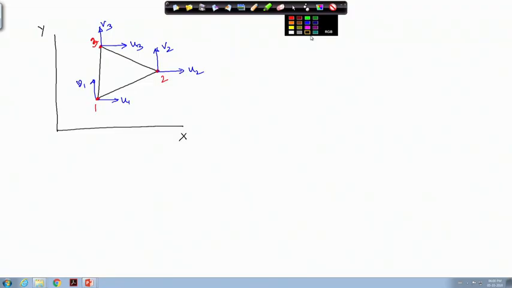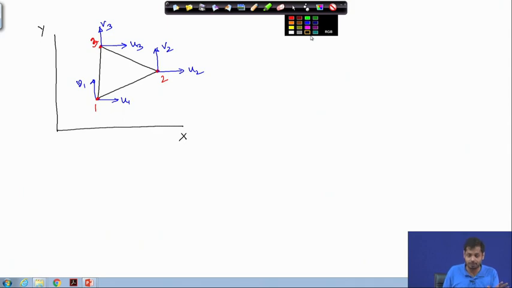Okay. Now, what are the information we have? Here you see u and v are two independent displacement fields. So, here we have to approximate u separately and we have to approximate v separately. Unlike in the beam case, where we approximated only the v and the derivative of v, dv dx gave us slope. It is not like that. Here u and v are both different independent degrees of freedom, and they have to be represented separately.